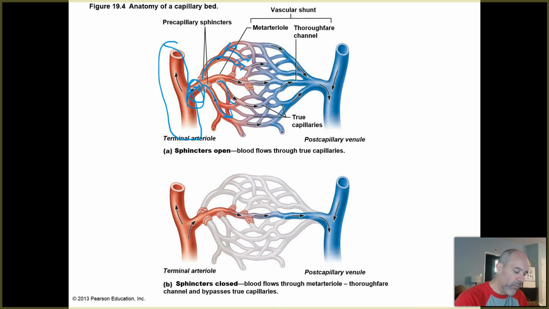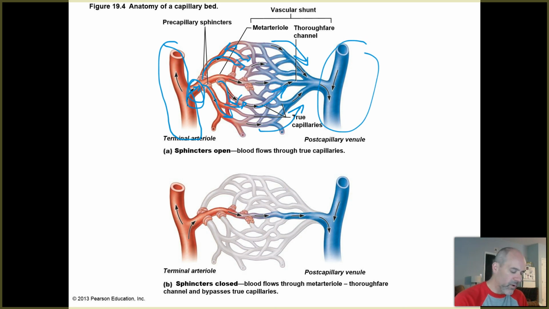So you can see how you've got a network of all these different capillaries. You have exchange that takes place with the surrounding tissue fluids, and now you have deoxygenated blood that's passing through the other ends of the capillary bed, and then that winds up draining over here into a post-capillary venule.